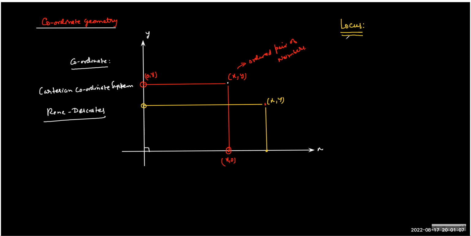Okay. So it is a collection of points which fulfill a certain relationship, or you can say constraint.